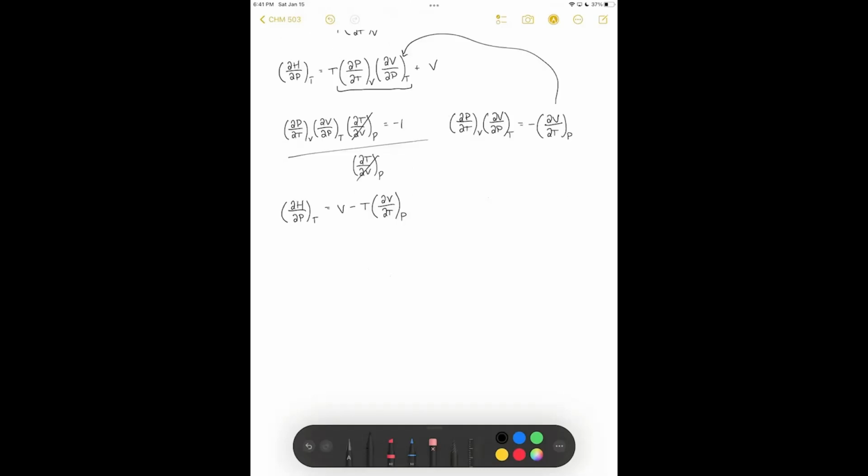For ideal gases, we have only been considering the enthalpy as a function of temperature. In that case, we expect this dH/dP at constant T to be 0 for an ideal gas. Let's see if that is the case.